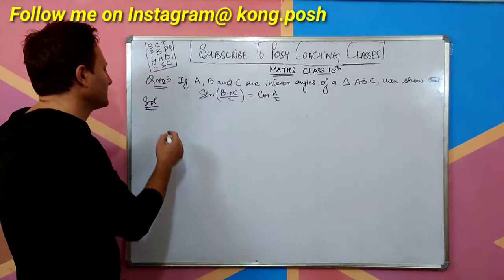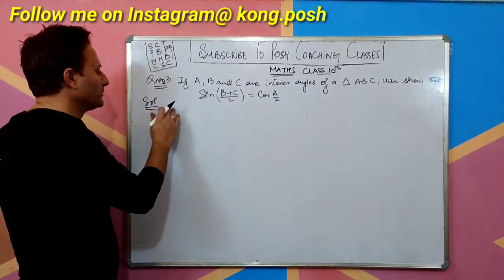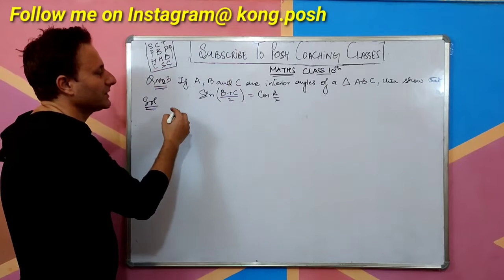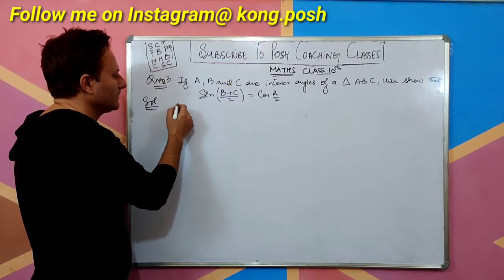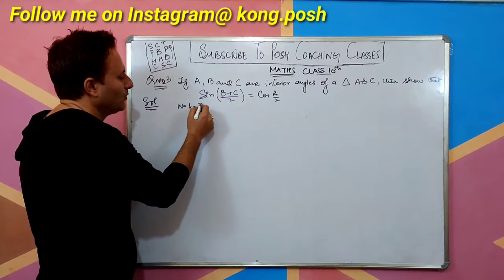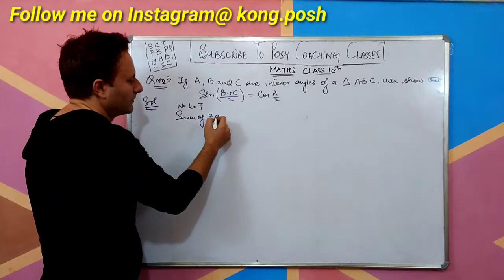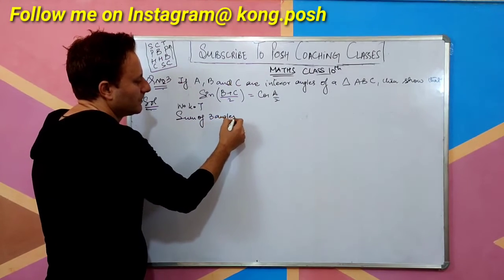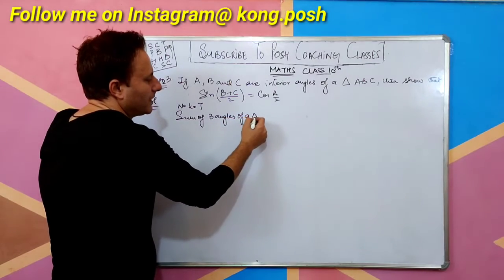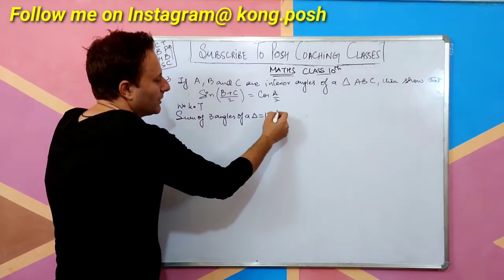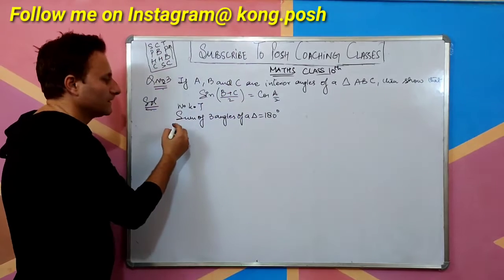So very good question. Now what we will do, obviously we have to take a triangle. We know that the sum of the 3 angles of a triangle is equal to 180 degrees. What does it mean?